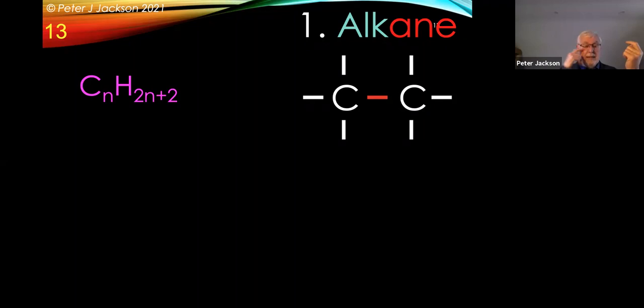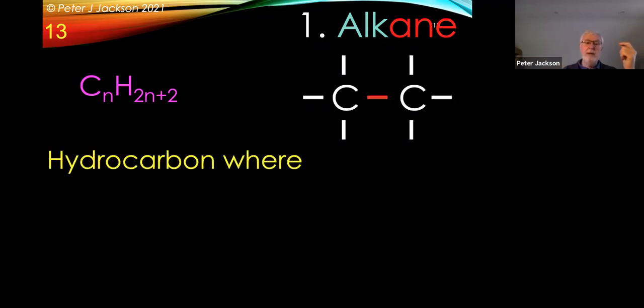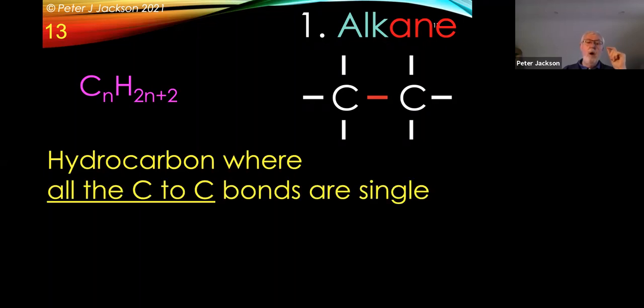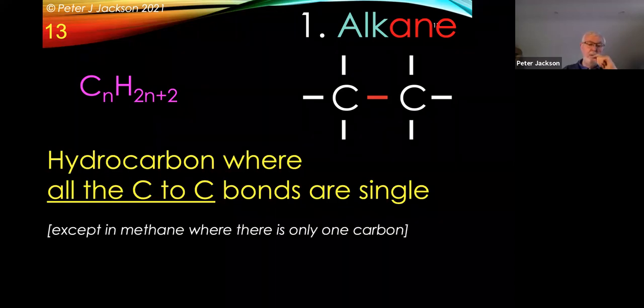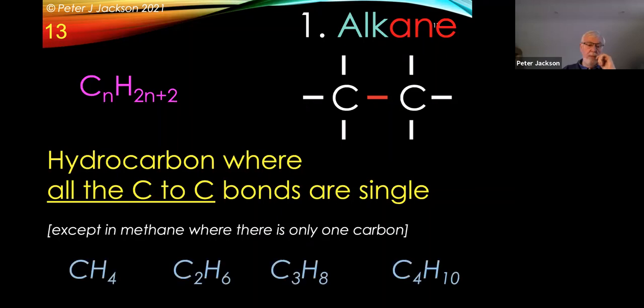And the key here is that all the carbon-carbon bonds are single bonds. So an alkane is a hydrocarbon where all the carbon-to-carbon bonds are single. Notice I said all the carbon-to-carbon bonds, not all the bonds. And obviously methane can't have a carbon-to-carbon bond since it only has 1 carbon.